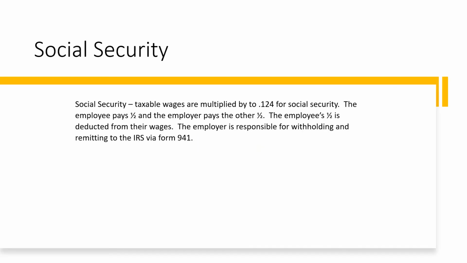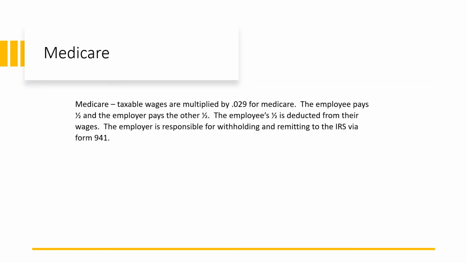For Social Security, the employee pays half and the employer pays the other half. The employee's half is deducted from their wages. The employer is responsible for withholding and remitting to the IRS via Form 941. On Medicare, the employee pays half and the employer pays the other half.